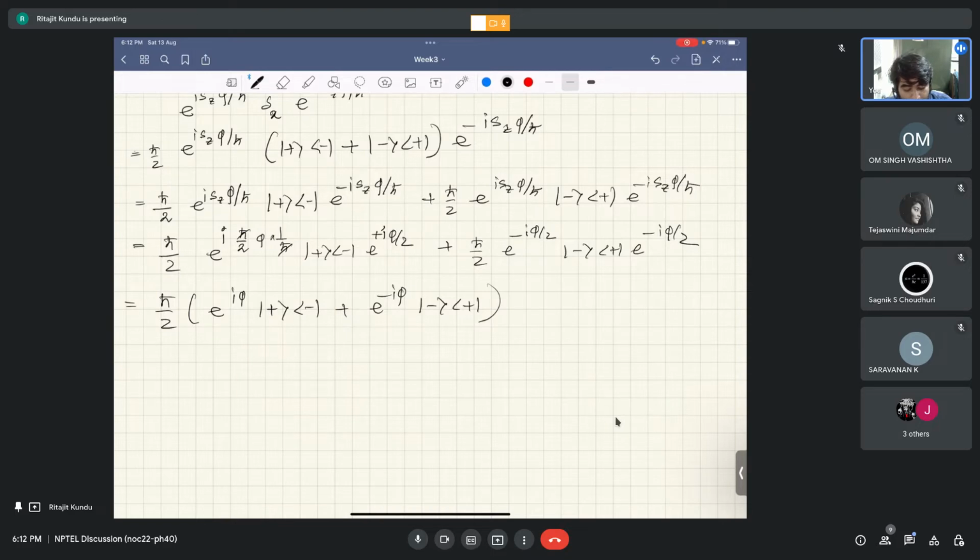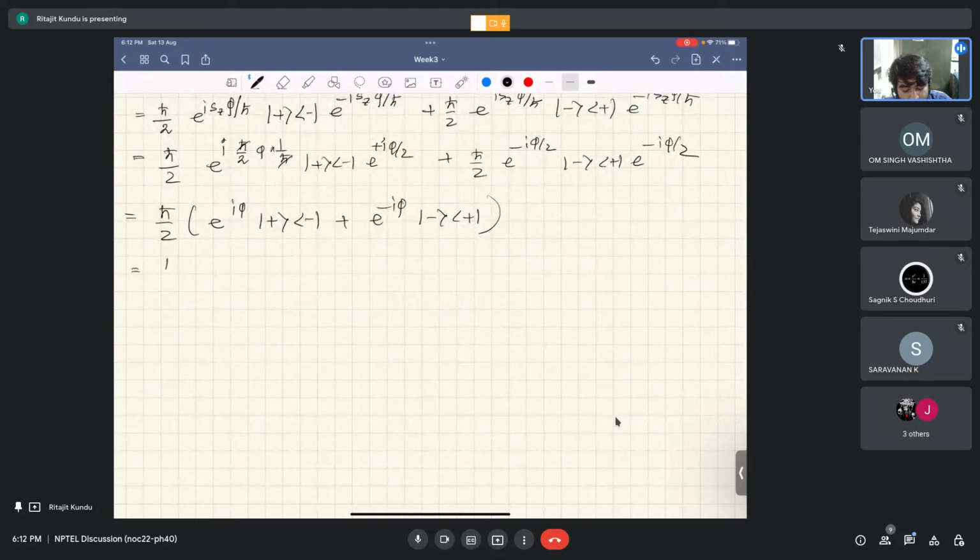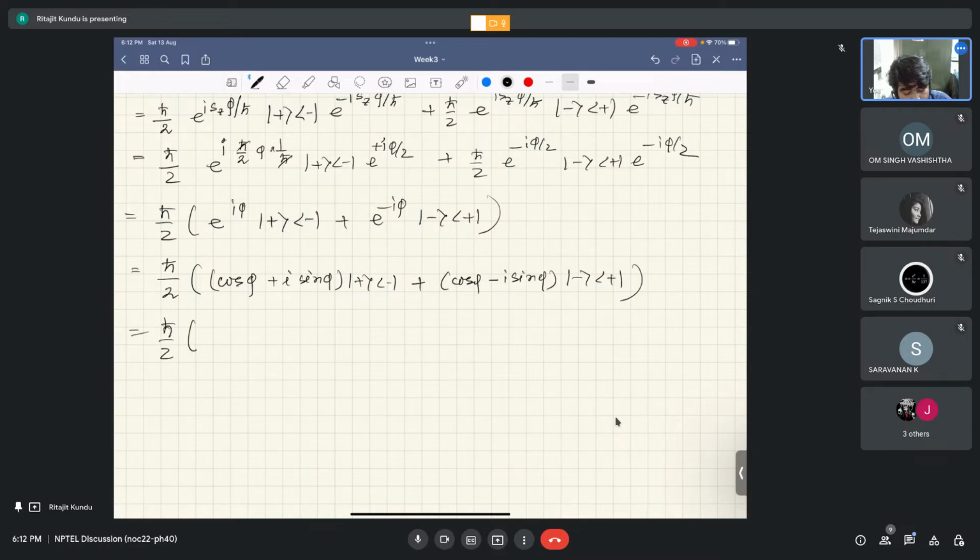Okay, so now we can just write these e to the power i phi in terms of cosines and sines. So cos phi plus i sin phi, plus and minus, plus cos phi minus i sin phi, minus and plus. So I can collect things, right? So cos phi times plus minus and plus minus plus.